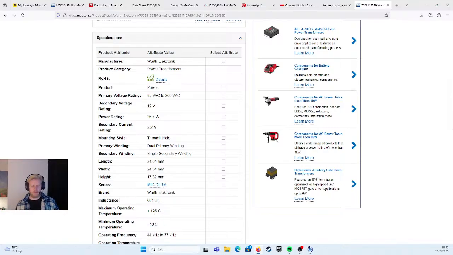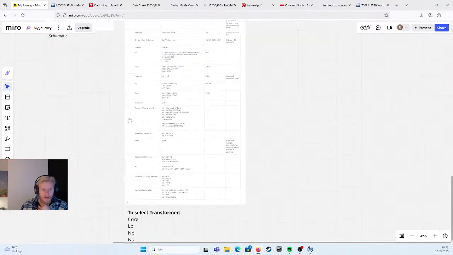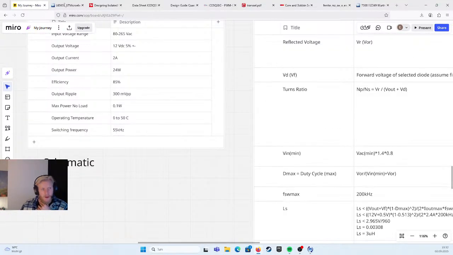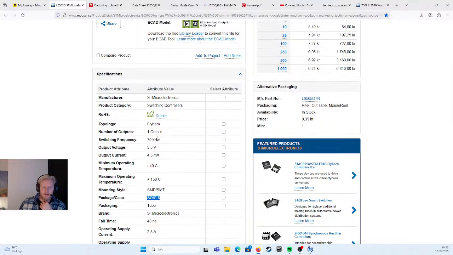The standard operating temperature, I guess, -40 to 125, and then the operating frequency is within what we also selected. I think we did 55 switching frequency, so that is all right. So it's a SOIC package.